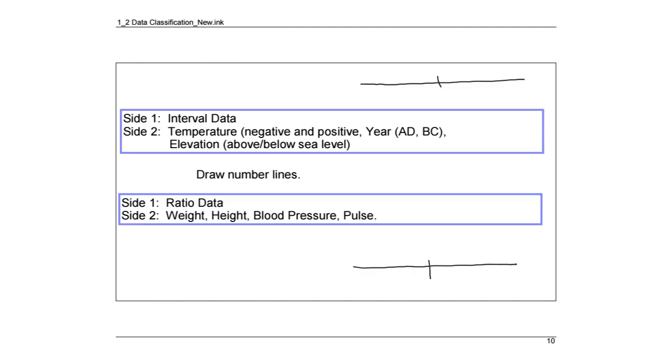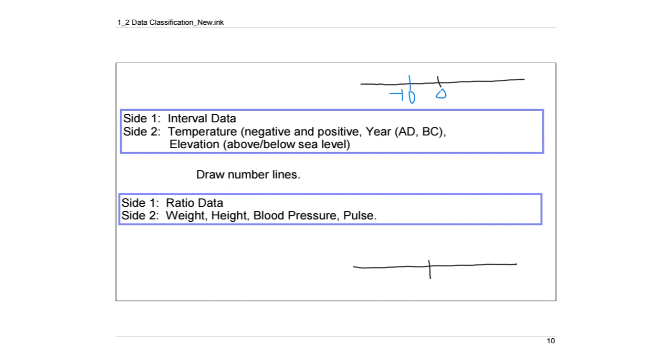Okay, so with interval data, we have some different examples, right? Temperature can be negative or positive. We could have a temperature of 0, but we also can have a temperature of -10. I don't want to live there, but we do have that. We have places where it gets very cold.